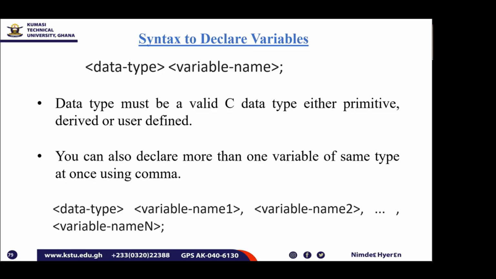This is basically the syntax of how variables are declared. The data type must be a valid C data type, either primitive, derived, or user defined, which we looked at earlier on. You can also declare more than one variable of the same type at once using commas, which we have done severally. So you see, for instance, int num1, num2, num3: the data type, then variable name 1, comma, variable name 2, comma, up to the nth variable name.